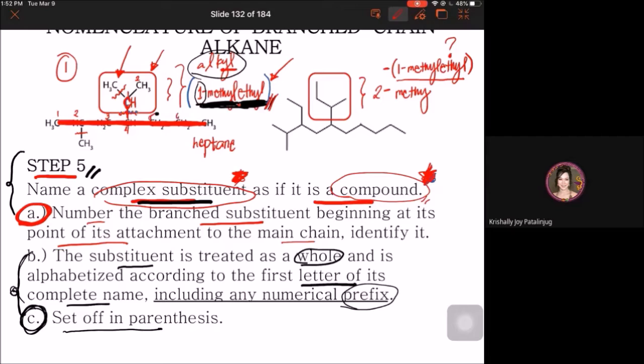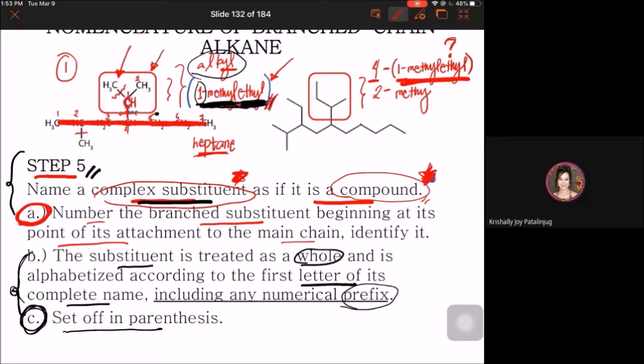That is why in step 3, if you go back to the basic steps in naming branched chain alkanes, we locate the substituents where their attachment is on the parent chain. So 1-methyl-ethyl is found on carbon 4 of heptane. This 1-methyl-ethyl is just the name, it has no location yet. This is its location: carbon 4 of heptane.